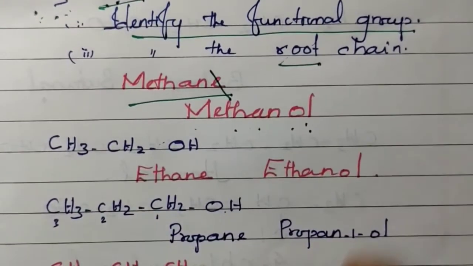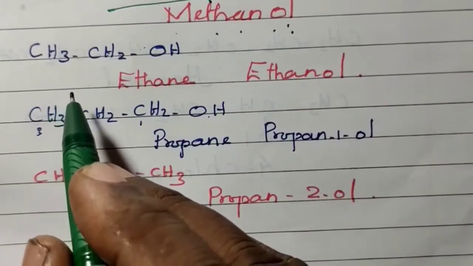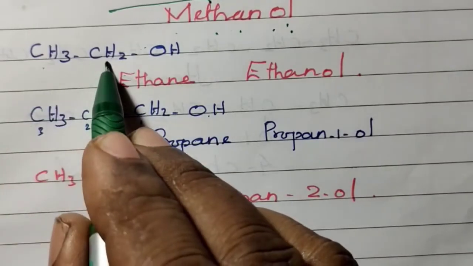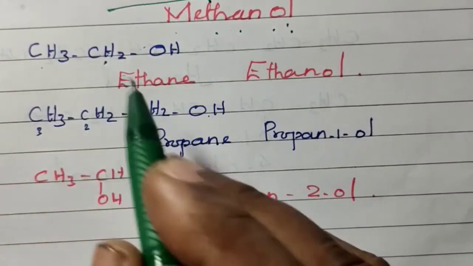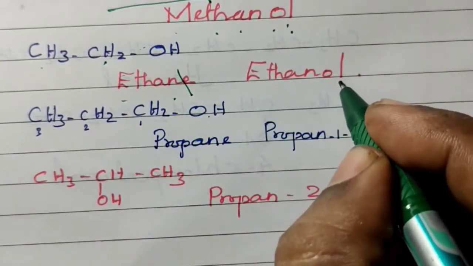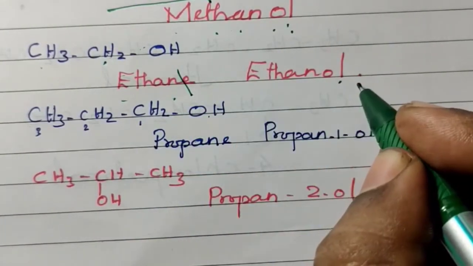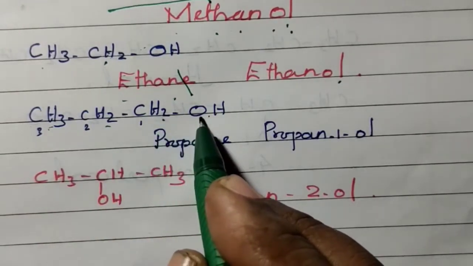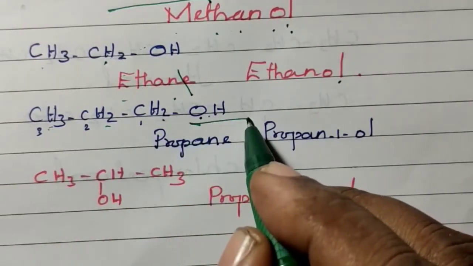Similarly, write the name of this compound: CH3CH2OH. Two carbon atoms means usually we write ethane. Remove the last E; instead we add OL. Ethanol. Next, CH3CH2CH2OH. The functional group is OH.